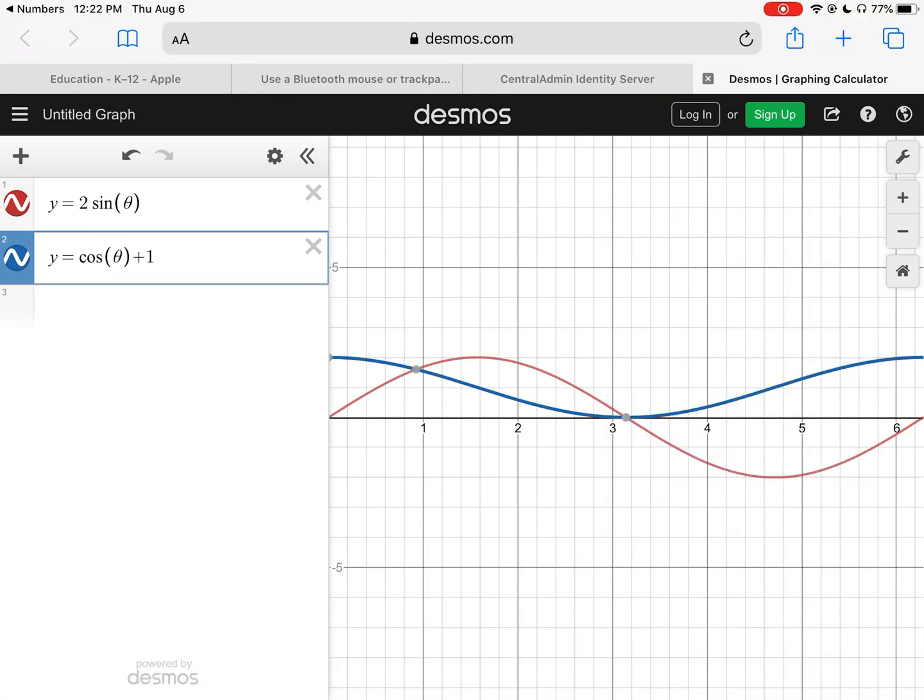Okay, so now I'm only seeing the interval that I'm trying to solve over.